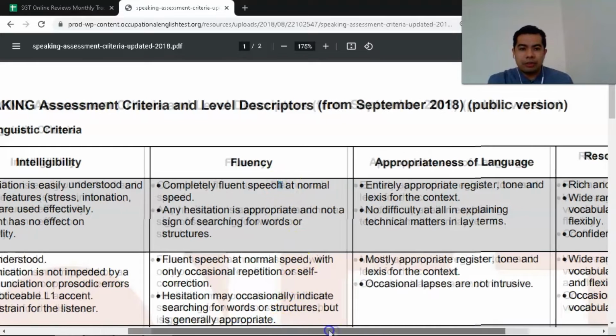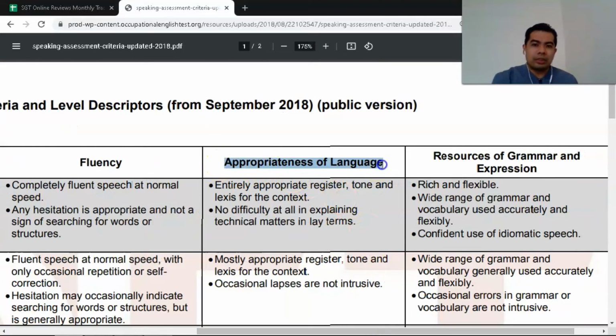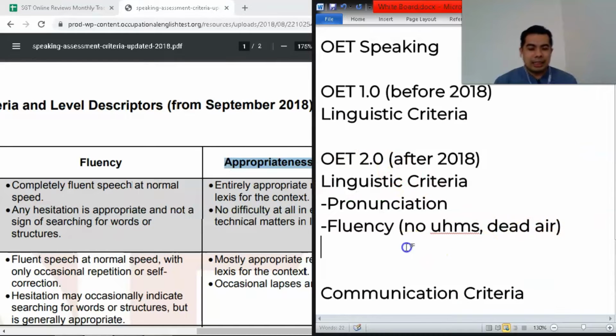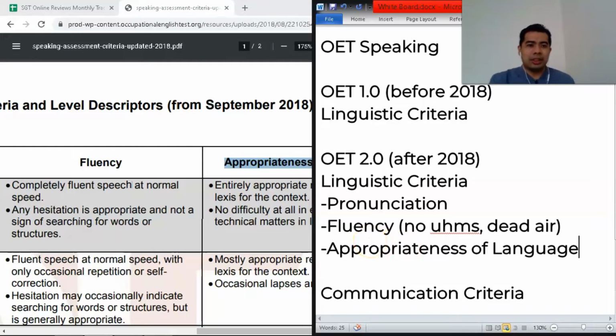Then there's appropriateness of language. Now, a lot of students have this misconception that you need to use medical, technical terms, but I think what's really important is that everyone realizes when you talk to a patient, the patient isn't a medical professional.